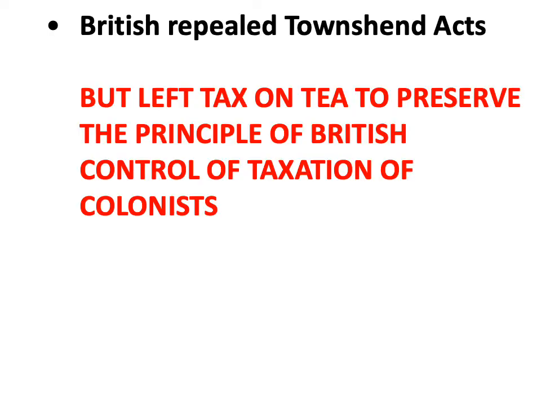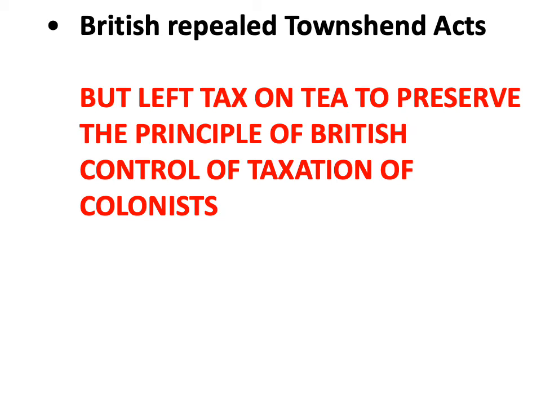Well, in London, the King and Parliament were very upset to hear about the Boston Massacre, because here we have British troops killing British citizens who weren't armed. And so Britain repealed the Townshend Acts, but left the tax on tea to preserve the principle that Parliament and the British government had the right to tax the colonists.